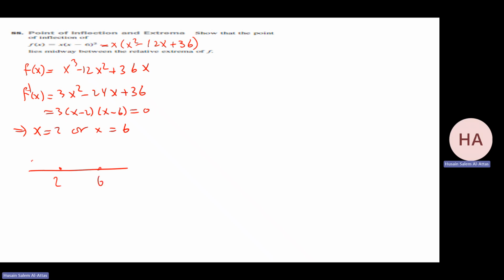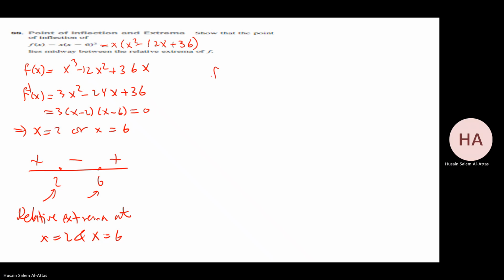Before 2, this is positive, then negative, then positive. So you have relative extrema at x equals 2 and at x equals 6. Now we'll do f double prime. F double prime will be 6x minus 24, equal to 0. So I have x equals 4.